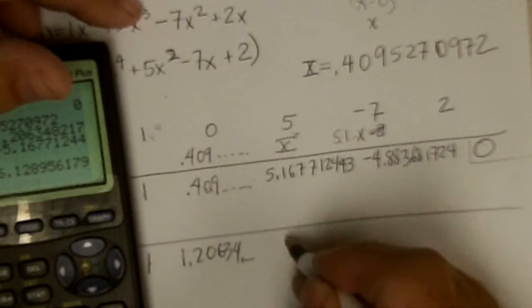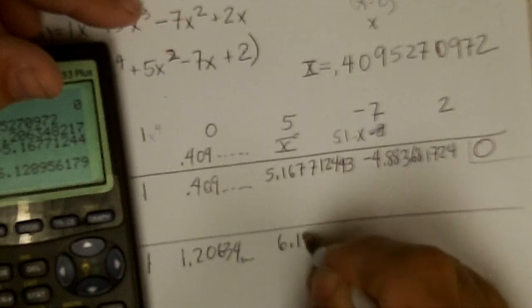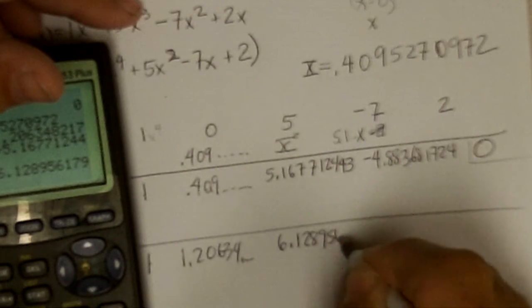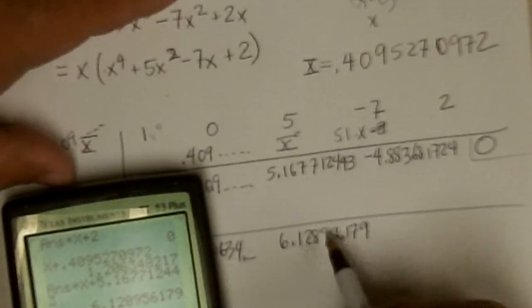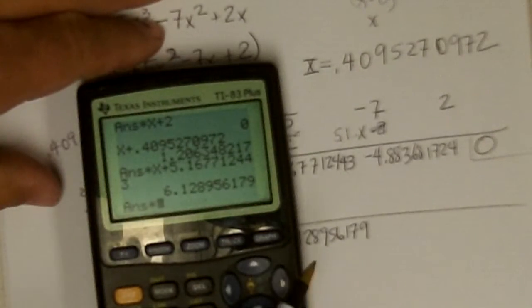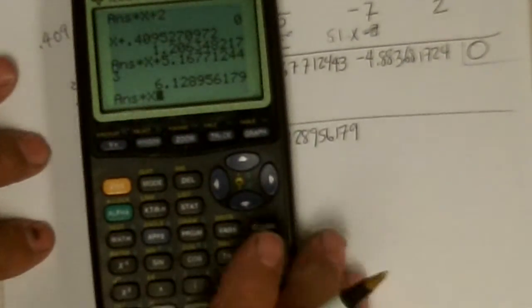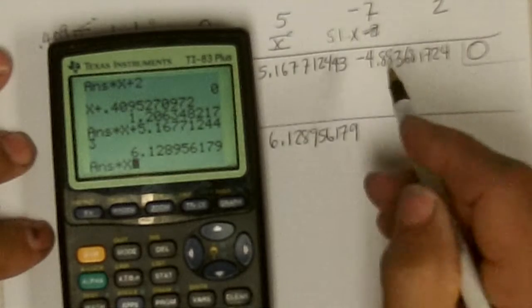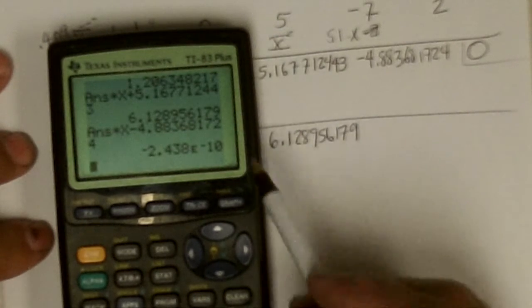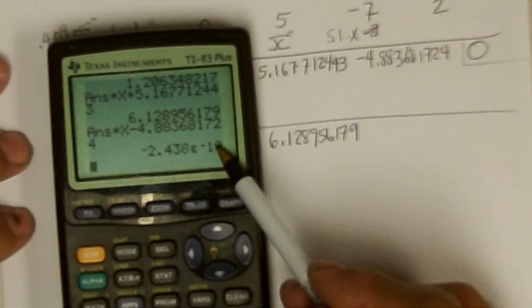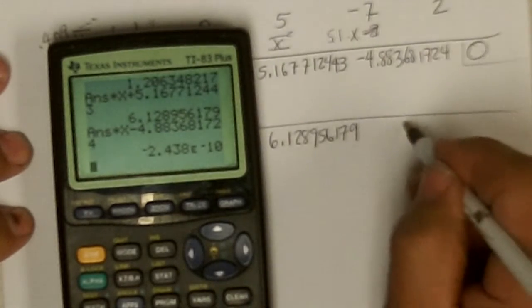And I get my new number down here, which is 6.128956179. And I have to take that times the x that we've got stored in there, and then subtract 4.883681724, and that should come out to be close to 0. And it says this times 10 to the negative, so that's 0.000, so basically it's 0.